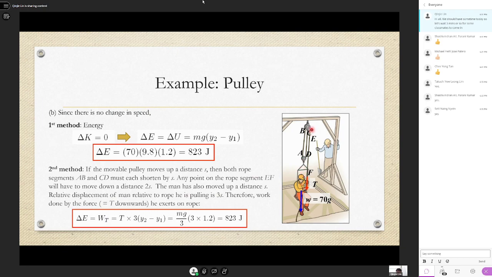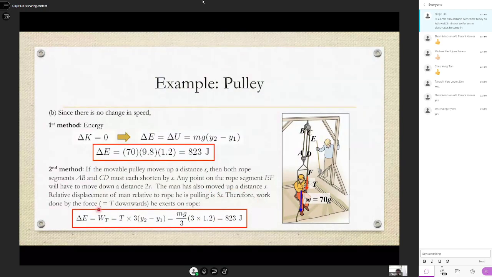But at the same time, this segment EF is moving down because he's pulling it, correct? It's moving down a distance of 2s. So what is the relative displacement? From the man's point of view, he is pulling the rope a distance of 3s. So he pulled down the rope 3 times s.